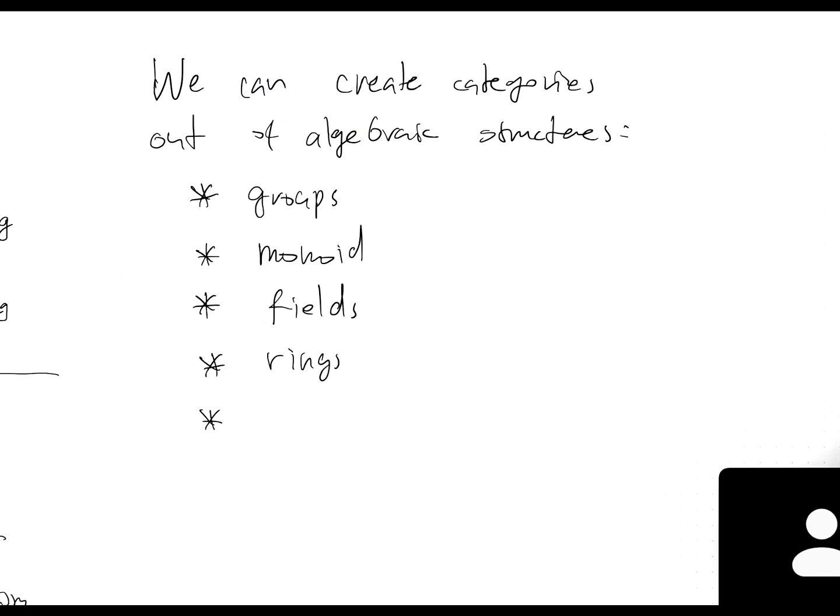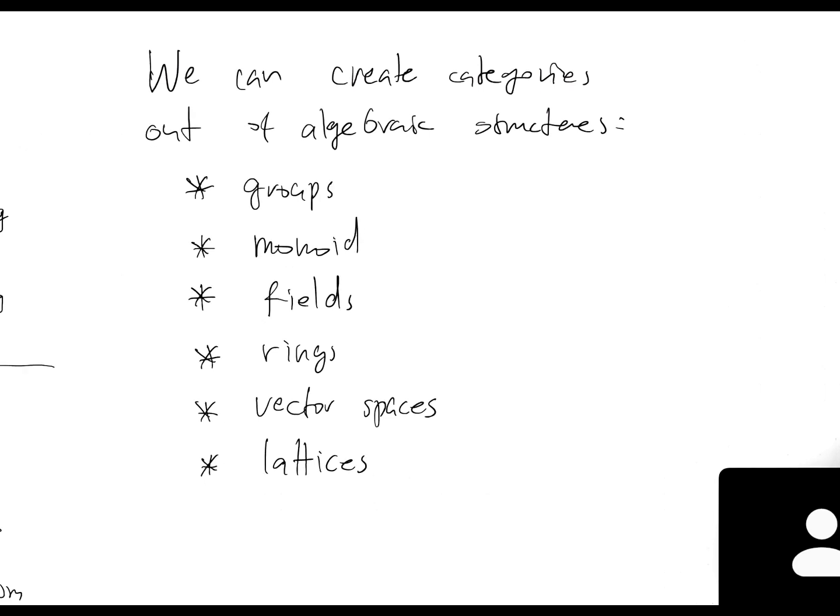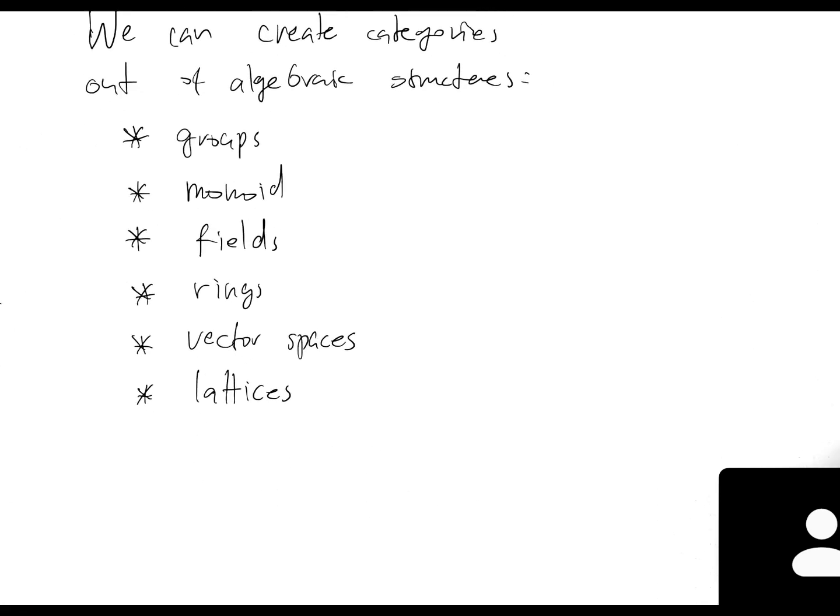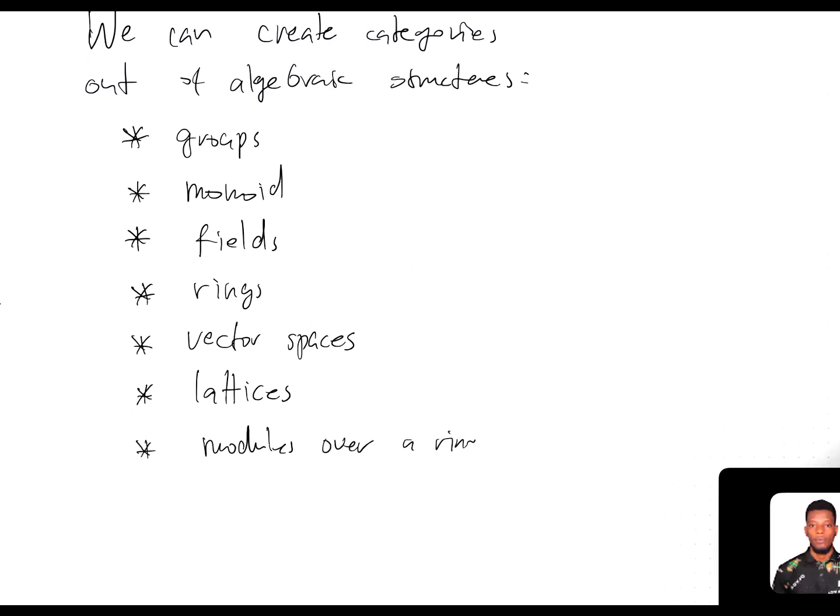What about vector spaces? Lattices. Last one. Modules over a ring. This is a special case. I mean, vector space is a special case of this, where the ring is a field. So maybe algebras as well. Algebras over a ring. Yeah.